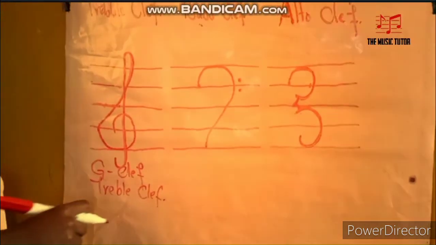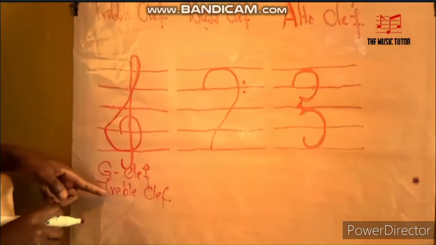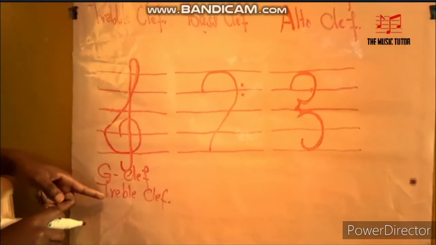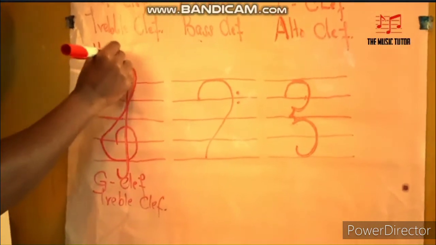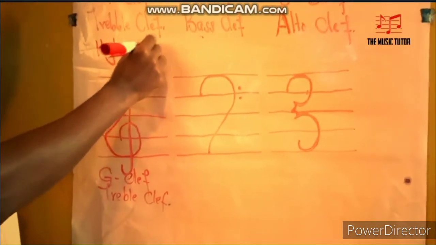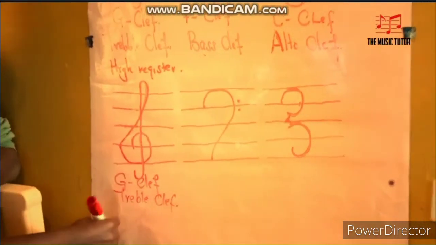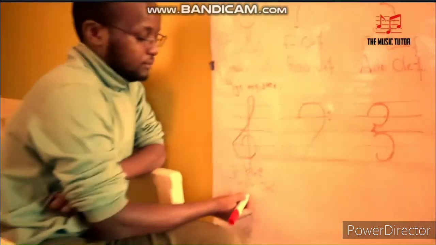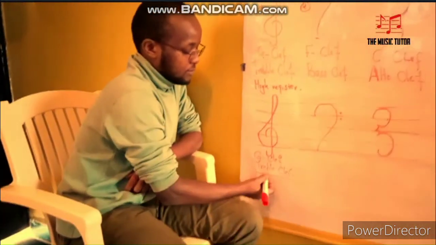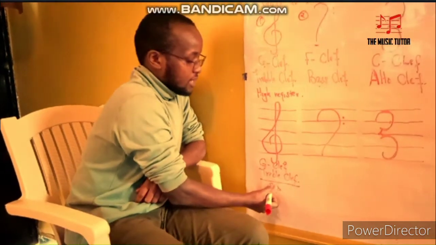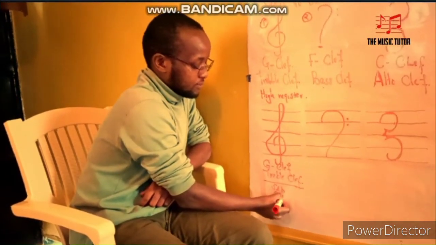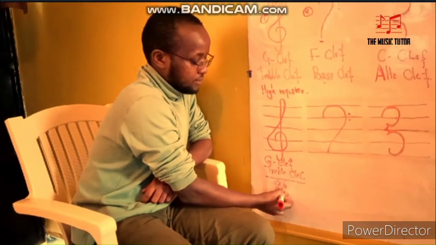As I've already told you, the G clef or the treble clef is used for voices with a high register. Voices with high register include soprano, alto, and tenor.